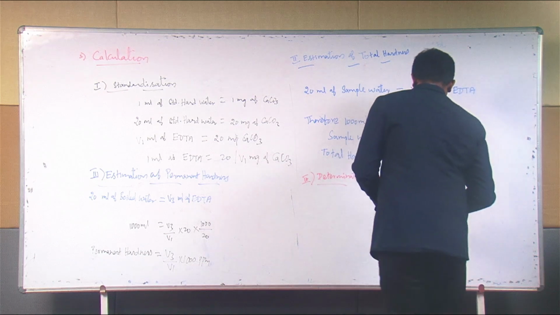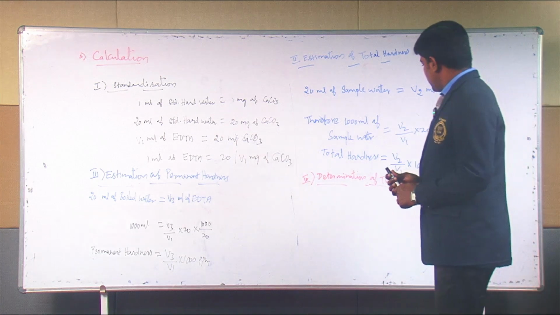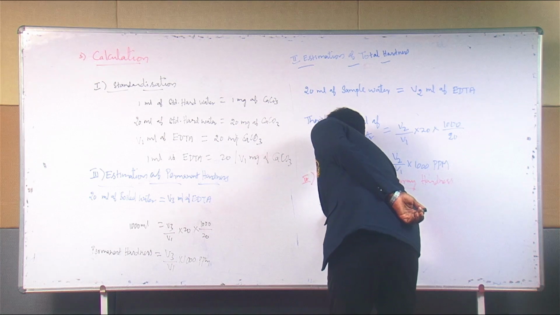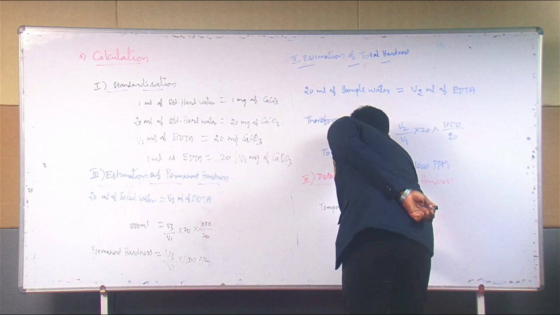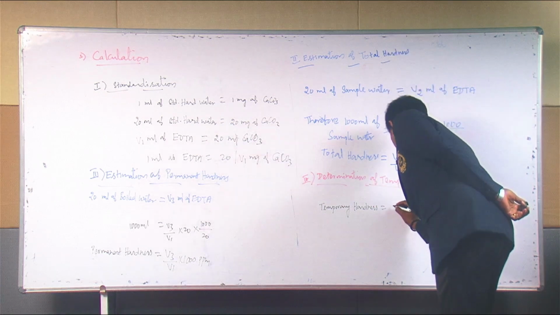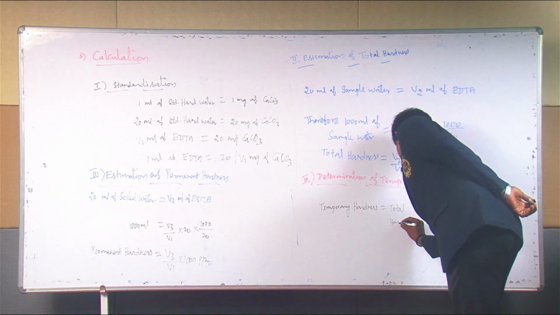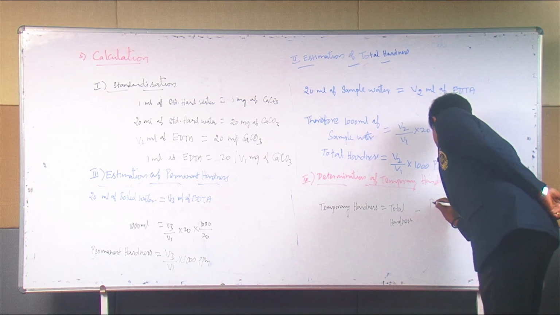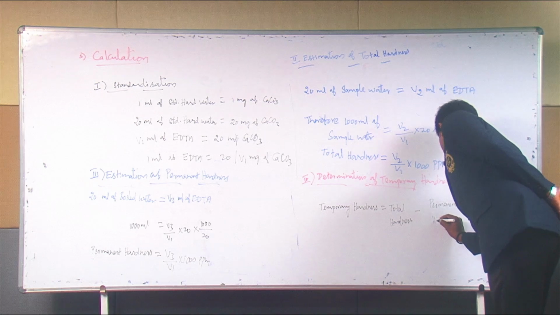Temporary hardness is equal to total hardness minus permanent hardness.